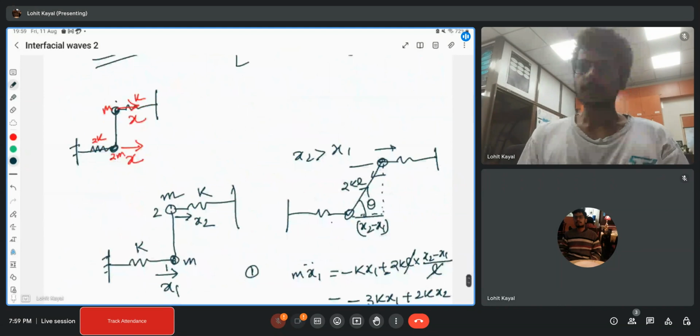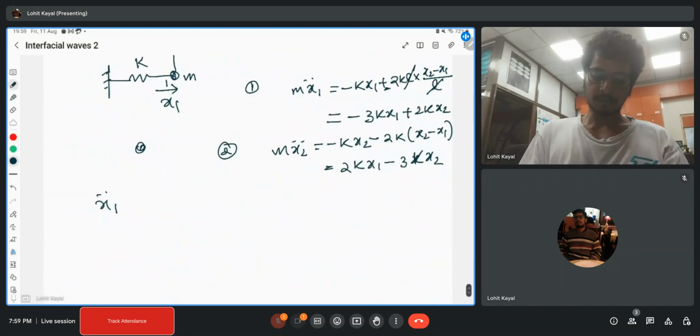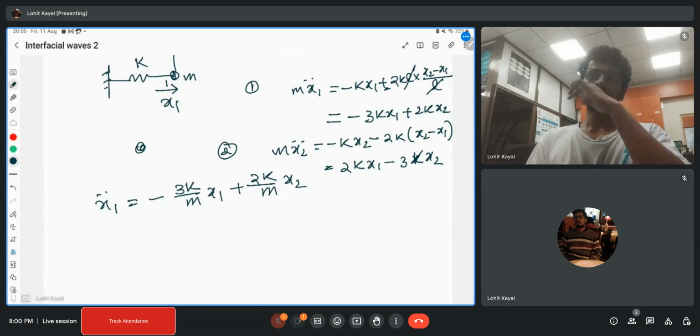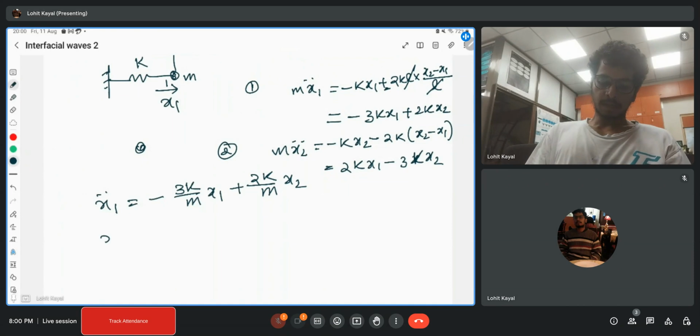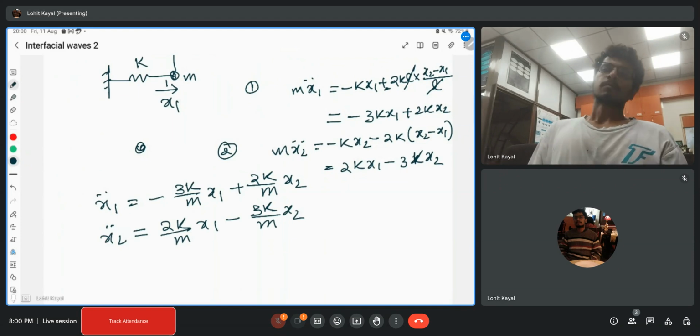Now the system has become symmetric. As a result, the governing equations are x1 double dot equal to minus 3k by m x1 plus 2k by m x2, and x2 double dot equal to 2k by m x1 minus 3k by m x2, right?